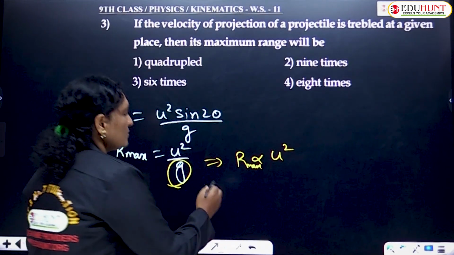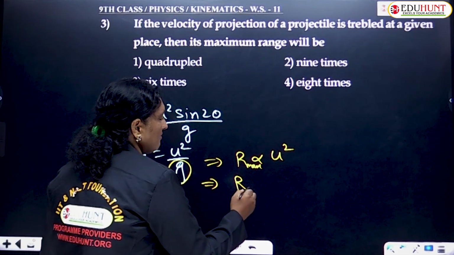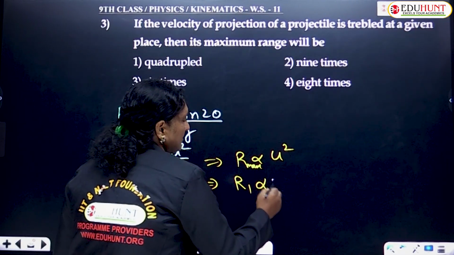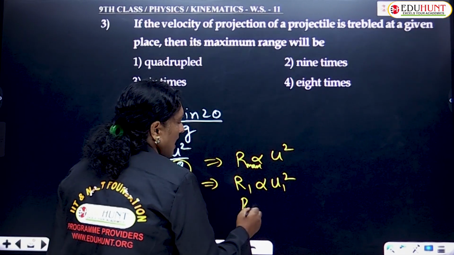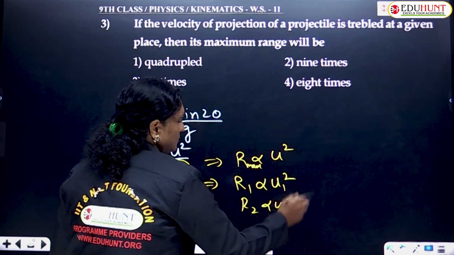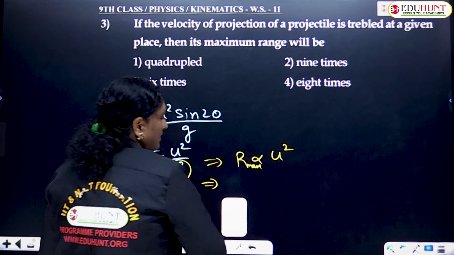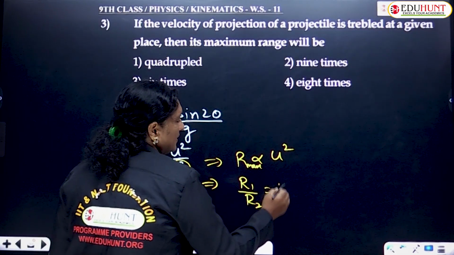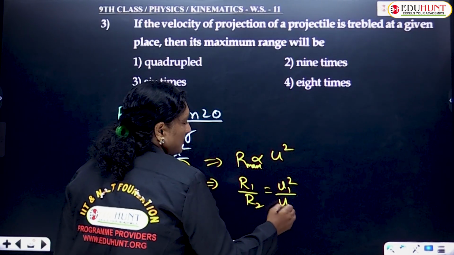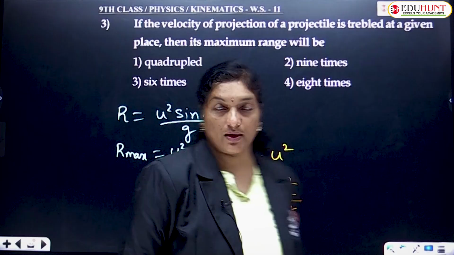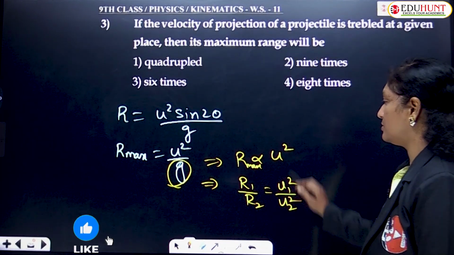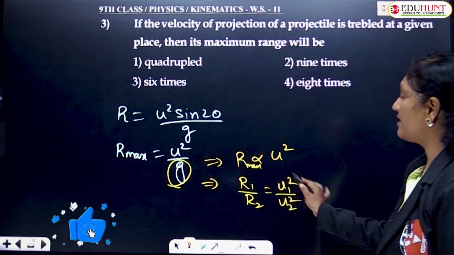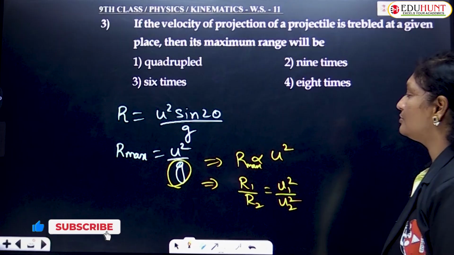If R is proportional to U square, then we have R1 proportional to U1 and R2 proportional to U2. Then R1 by R2 equals U1 square by U2 square. Comparing two different situations based on this formula, R1 means U1 square, R2 means U2 square.